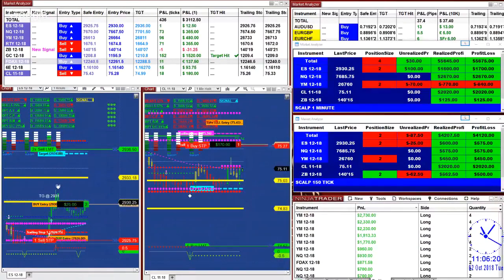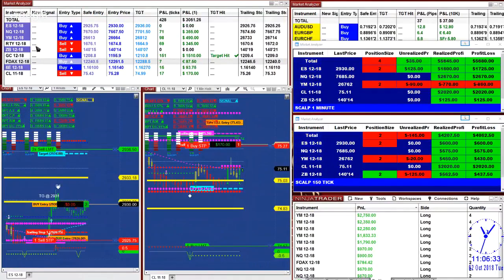Welcome to trading. Okay. We have a new signal on the 30-year Treasury bond. Entry target, sell. That's good. That is good news when the 30-year Treasury bond goes in the opposite direction of the ES. That's good news for the ES.